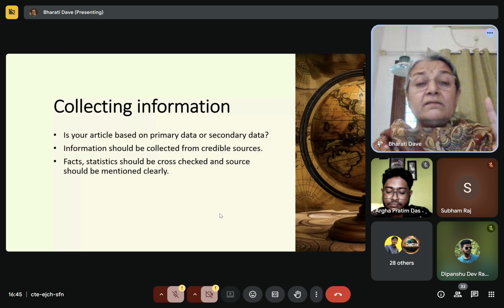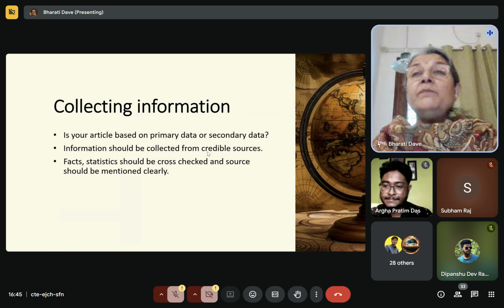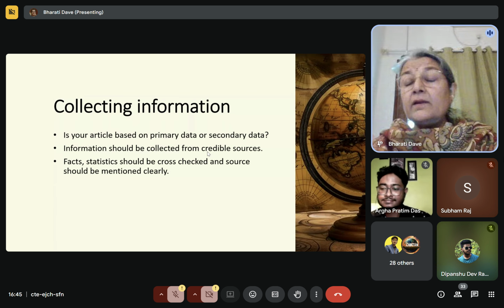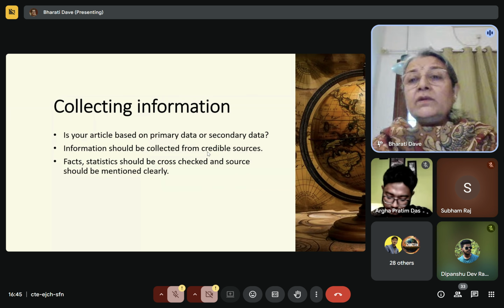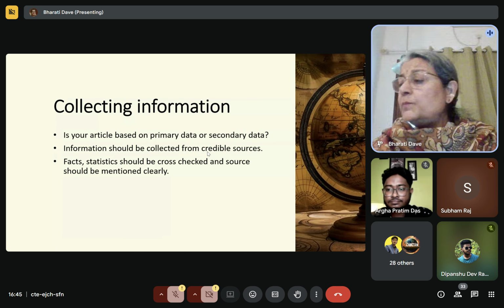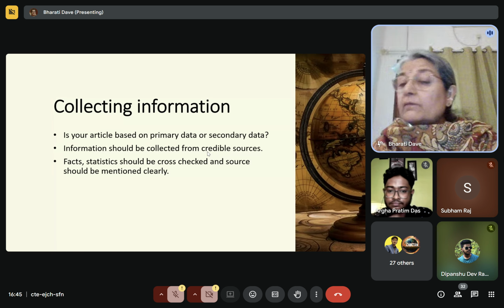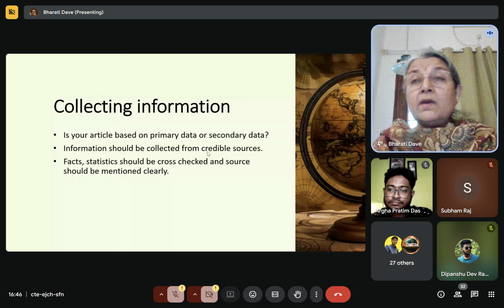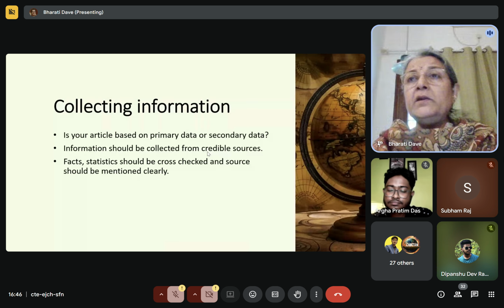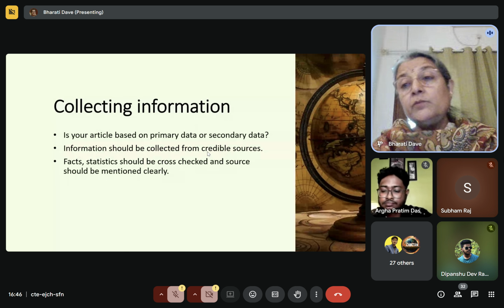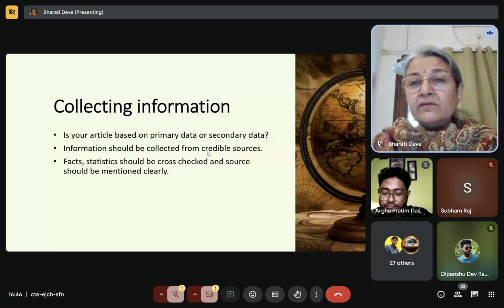Now, the thing is, this I realized when I was writing my book, that information must be collected from credible sources. हर सोर्स क्रेडिबल नहीं होता. मैंने पता है कितनी बार I got into trouble and I had to change. कई बार क्या होता है, you read these magazines and you pick up, या न्यूज़पेपर में आ गया कि 6 बिलियन रुपीज स्पेंट ऑन हाउसिंग. तो तुम सोचते हो यही है. तुम भी तो अपने जब कहानी लिख रहे हो हाउसिंग की, तो लिखते हो इंडियन गवर्नमेंट स्पेंट 6 बिलियन रुपीज.